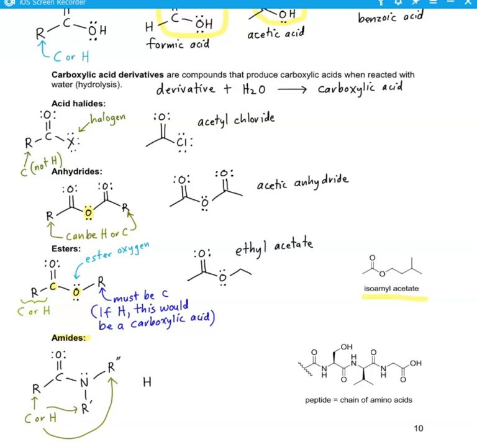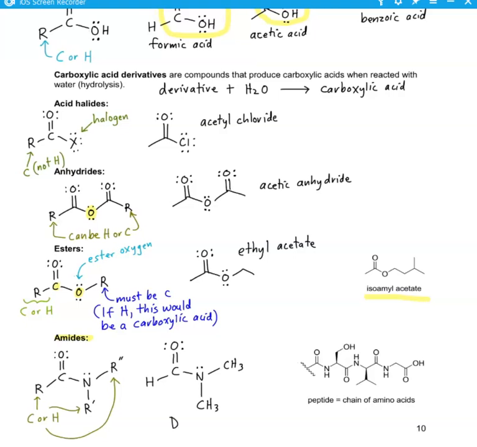So let's draw an example of an amide. This is one that we're going to encounter later in the course. This is called DMF, which stands for dimethyl formamide. Now, amides are, as it turns out, components of the proteins in our bodies. So what we have, the structure over on the right, is what's known as a peptide, which is a chain of amino acids.